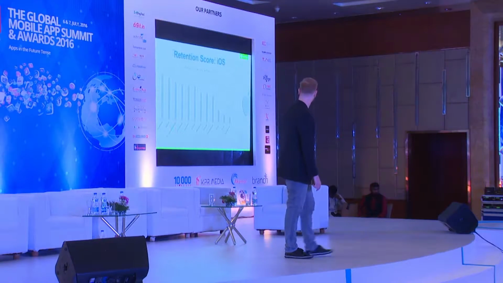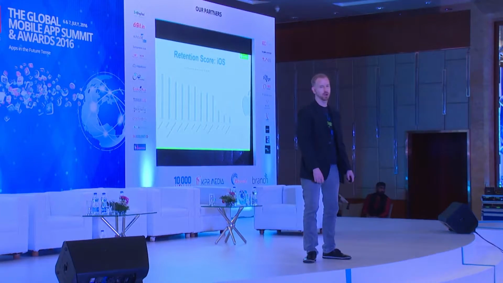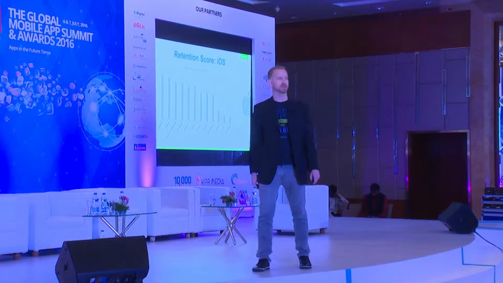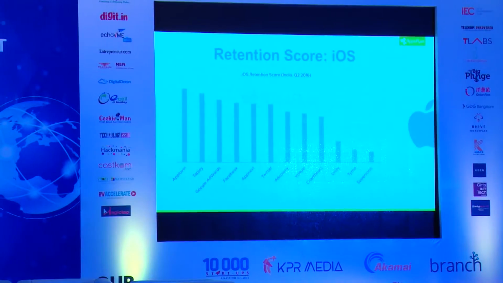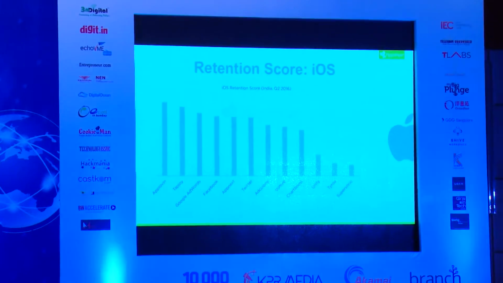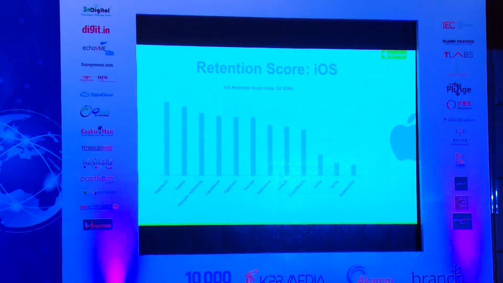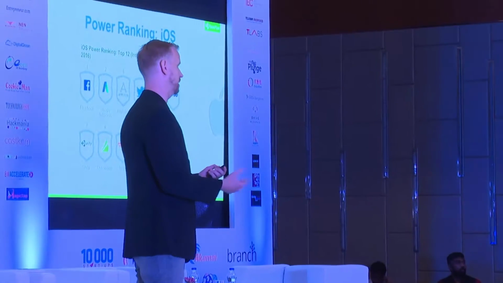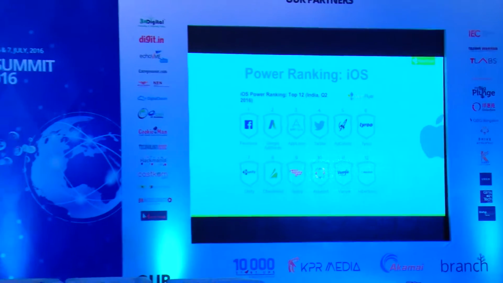So, yeah. Now let's look at the retention score on iOS. We see that AppLovin actually drives the best user retention in this category, followed by Tapjoy and Google AdWords. So the iOS power ranking, by the way, another data point is that there's such a gigantic gap between Android and iOS in terms of volume in this market.